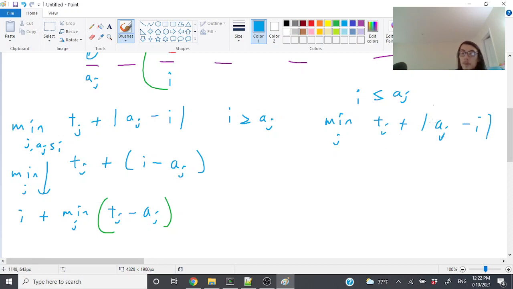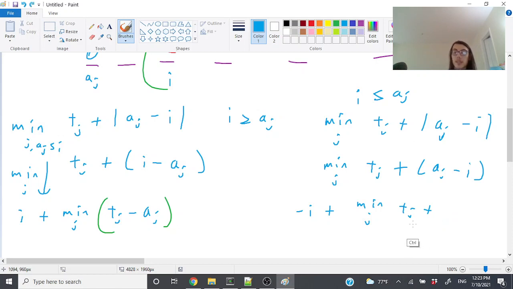Now, we know i is less than or equal to aj, which means aj is larger or equal. So it's the minimum over all j of tj plus aj minus i. Once again, we can remove the i. So now it's negative i plus the minimum over all j of tj plus aj. Again, only considering the values where i is less than or equal to aj.